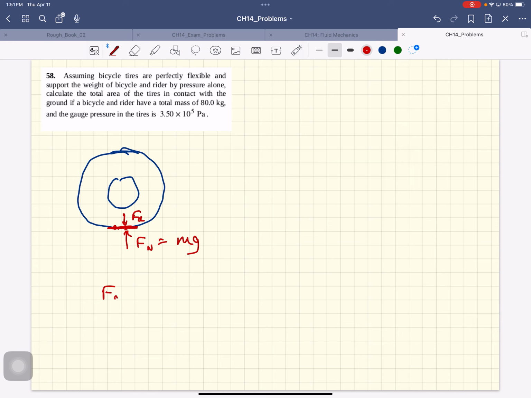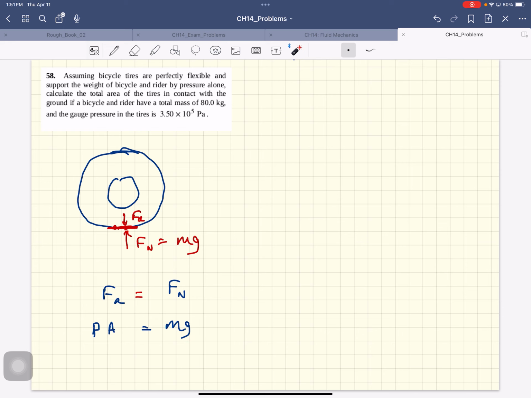So the force of the air is equal to the normal force, equal to mg. What is the force that the air is exerting? The pressure times the area, that is the area that is in contact with the ground. So the pressure times the area is equal to the weight that is being supported.